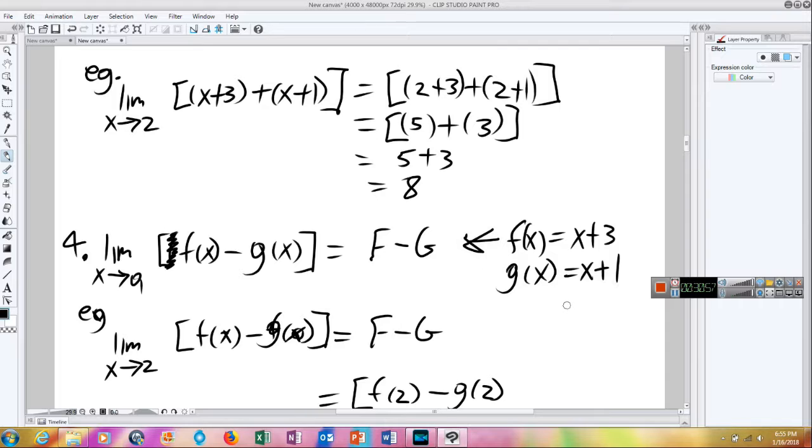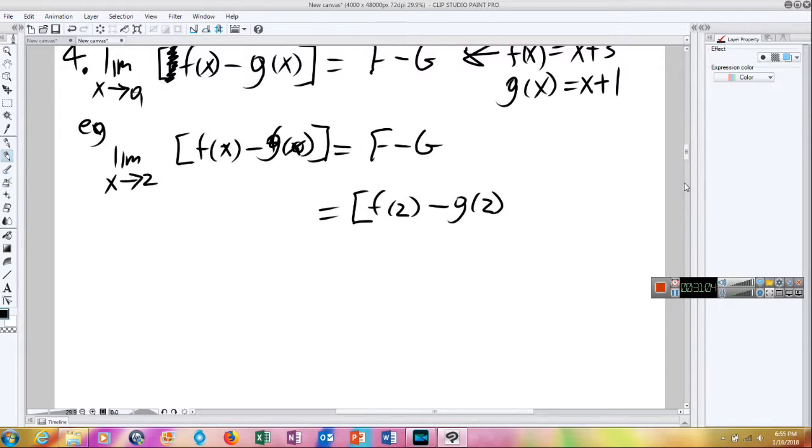4 is the answer. Or is it? So right here, notice how we have f of 2 minus g of 2. So here's what we're going to do. We're going to apply these functions to this limit. So we're going to say x, which is 2, plus 3, you with me, minus 2 plus 1.